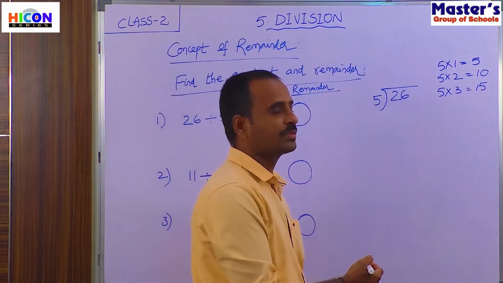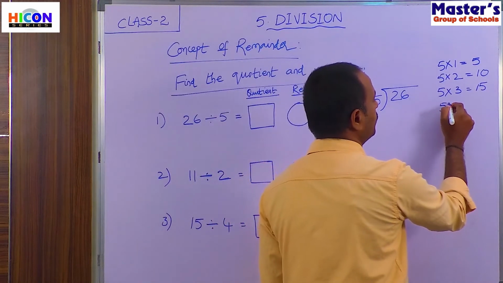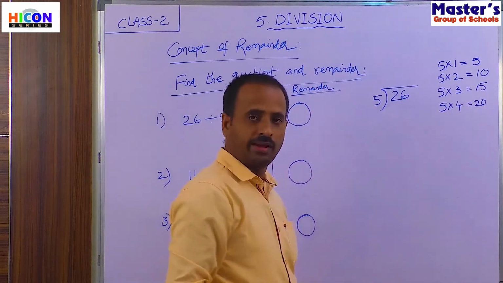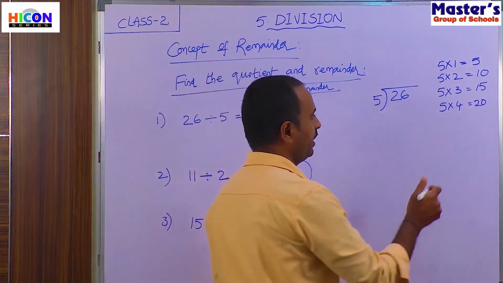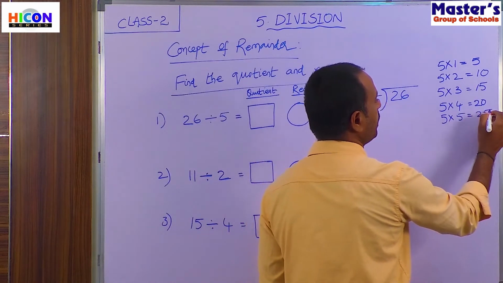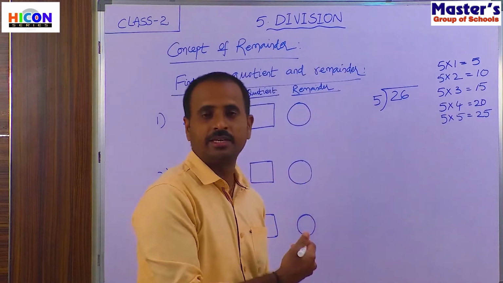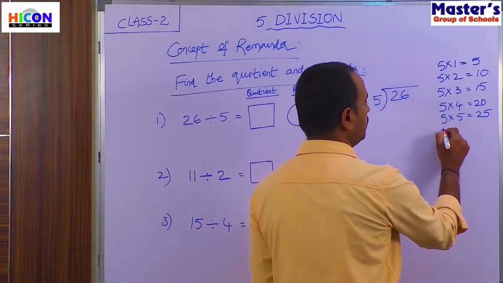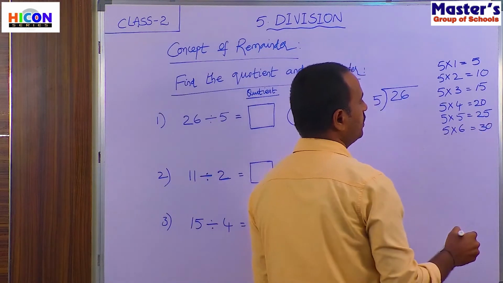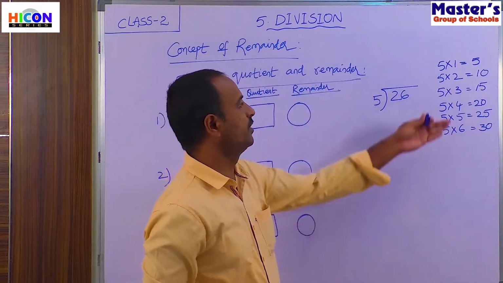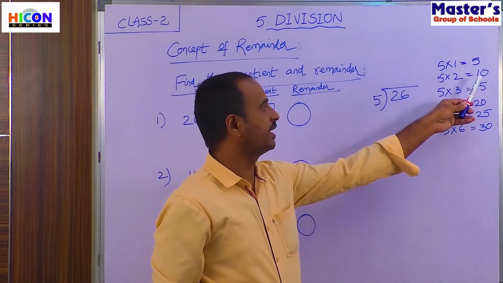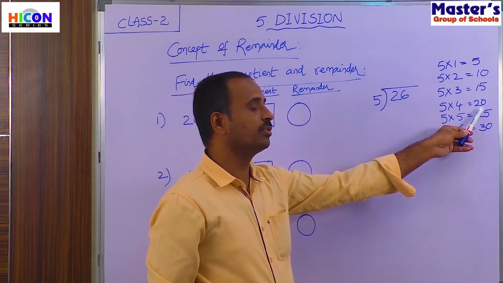Take 4 times, 5 fours are 20. Take 5 times, 5 fives are 25. Now take 6 times, 5 sixes are how much, children? 30. So children, if you observe the 5th table, the first number is 5, the second number is 10, the third number is 15, the fourth number is 20.